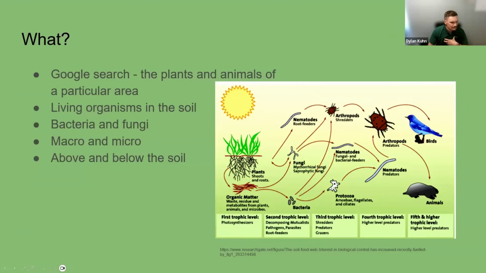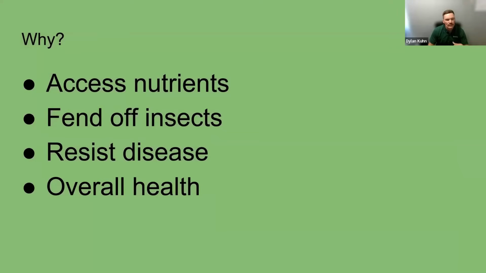So why do we want to increase the biology in the soil? Think of the soil as the stomach of a ruminant, or your own stomach. We have to have this living fungi and bacteria in there to break down food sources that are in that soil to make it available to the ruminant's body, our own body, to help us access nutrients out of that.